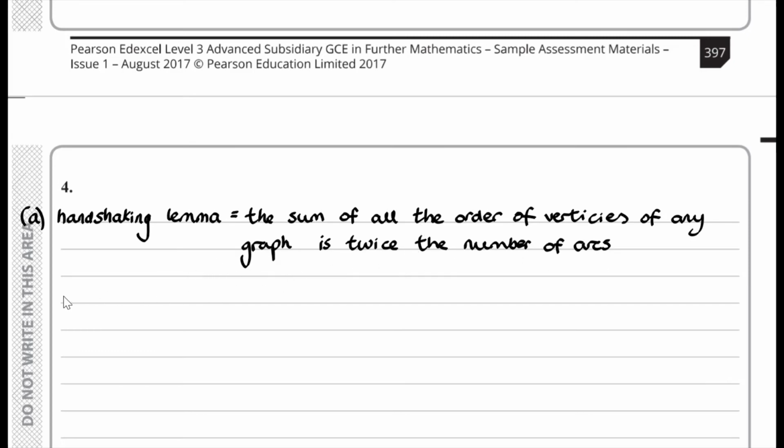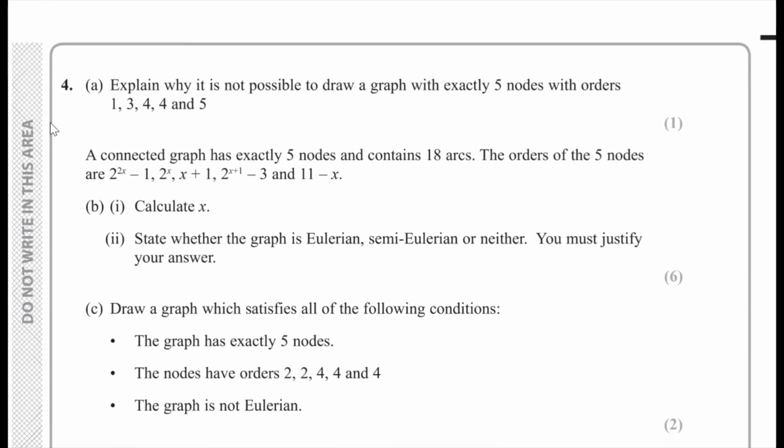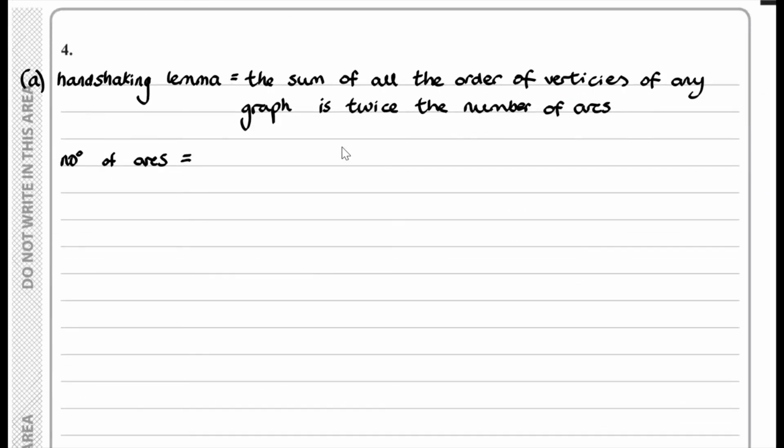So the number of arcs, if we find out the total of the sum of the orders, we have 1 plus 3 plus 4 plus 4 plus 5, and if we then divide that by 2, that tells us the number of arcs.